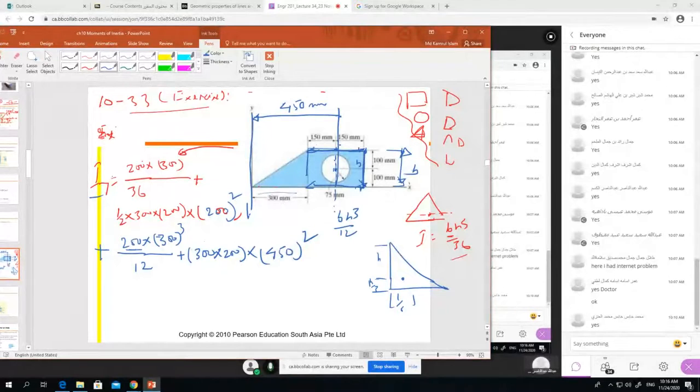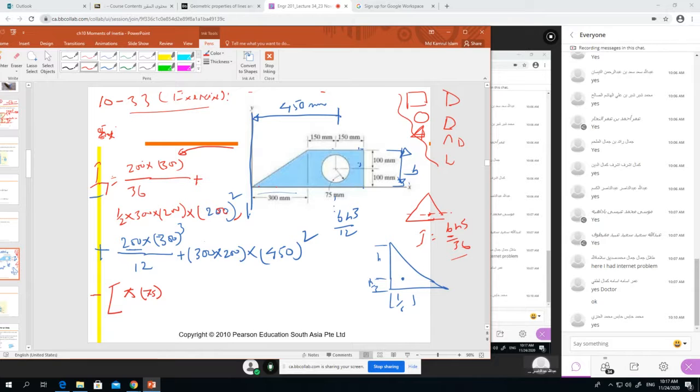Now we have section 3, and section 3 is a circle with radius 75, and this we have to deduct. So we put a minus. As we did the circle in the previous example, it is pi r to the power 4 divided by 4. What is r? r is 75.